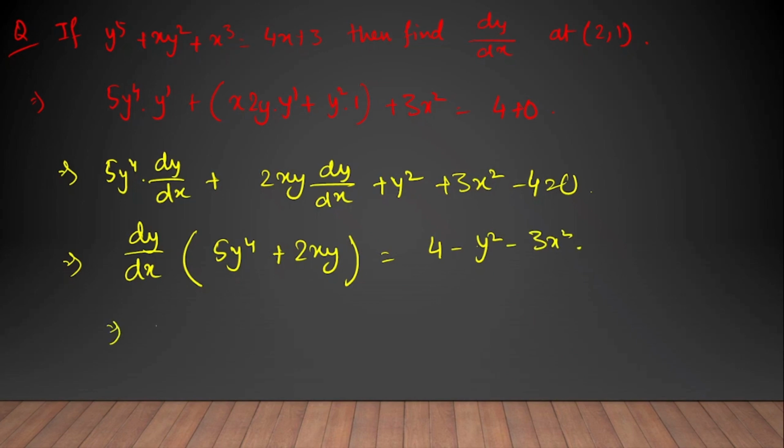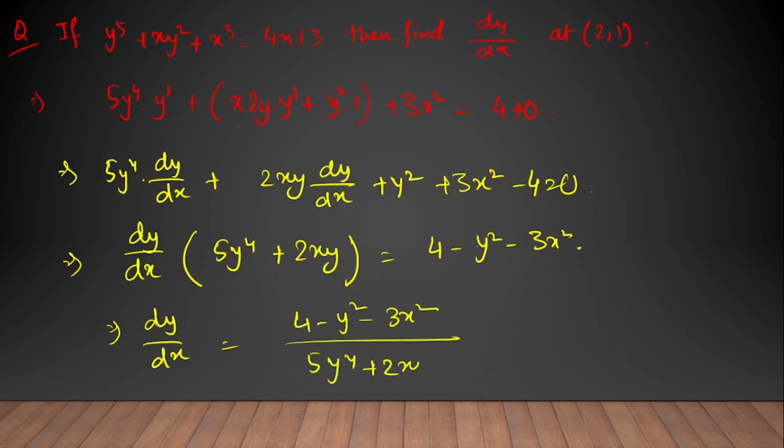So dy/dx equals 4 minus y square minus 3x square divided by 5y power 4 plus 2xy. Have a look here and you will understand the question.